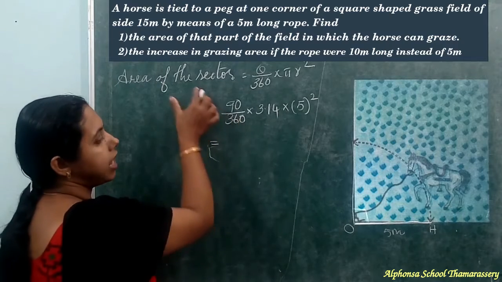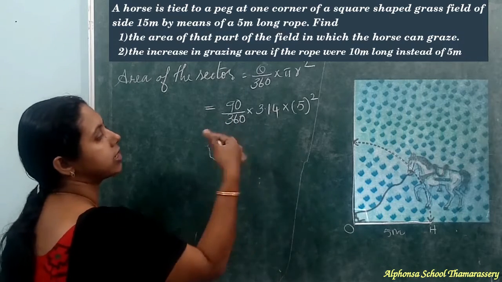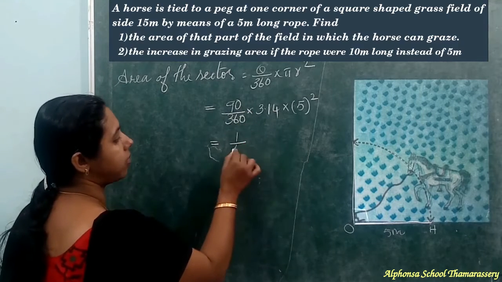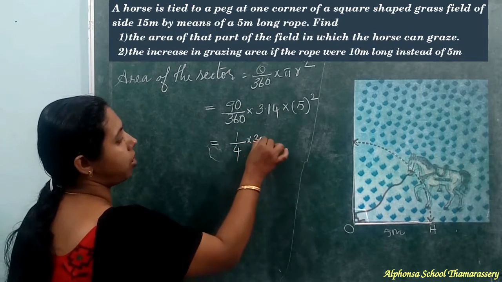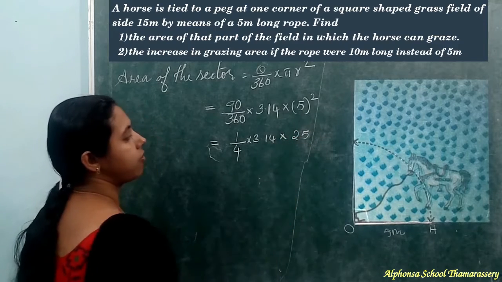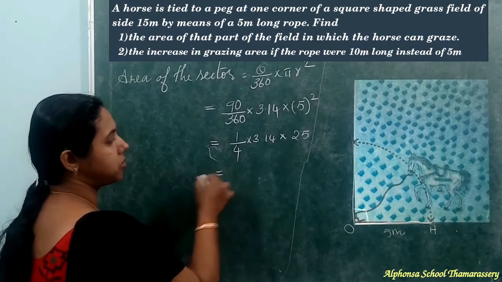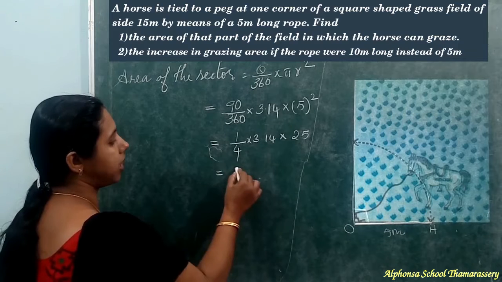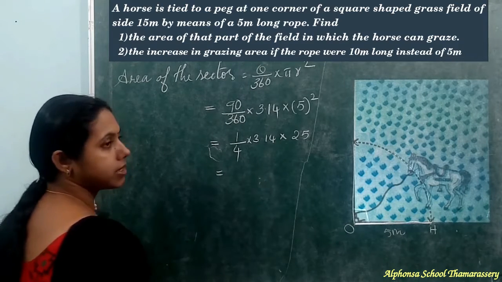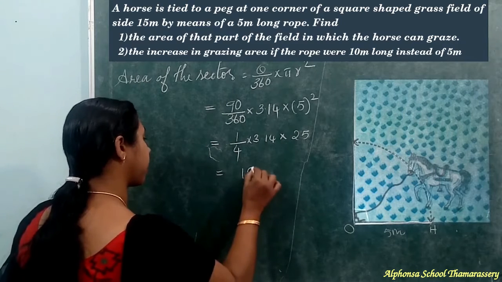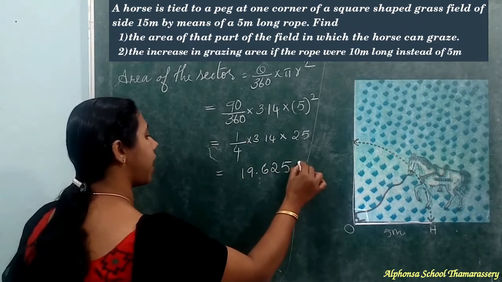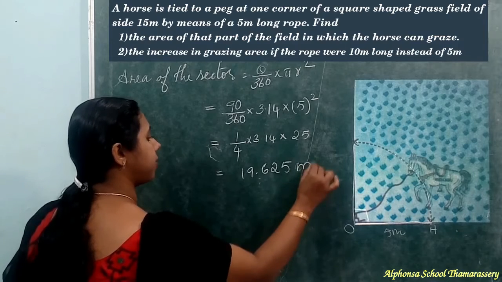We know that the area of a quadrant is equal to 1/4 of the area of a circle. So 90 by 360, that is 1 by 4, into 3.14 into 5 square, that is 25. When you multiply, you are getting 19.625 meter square.